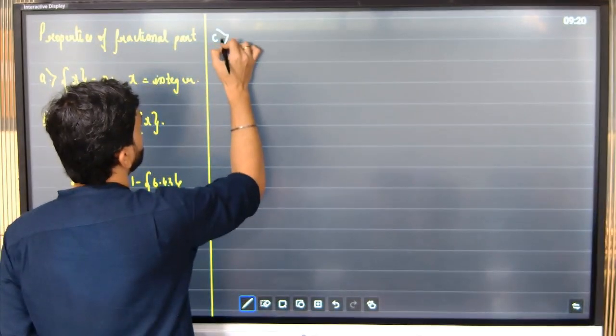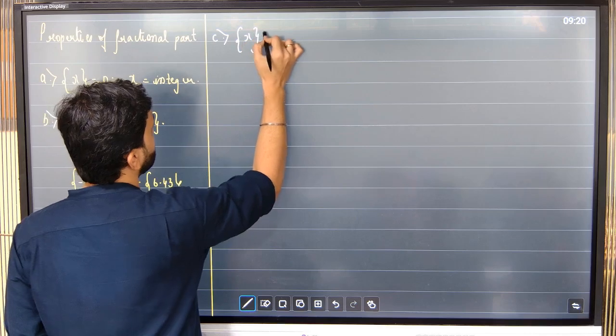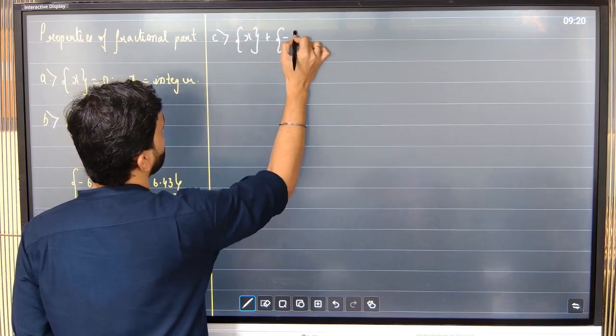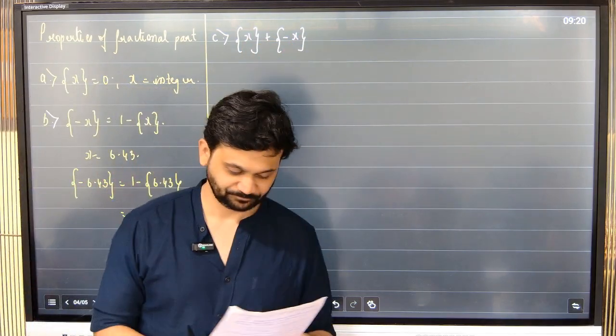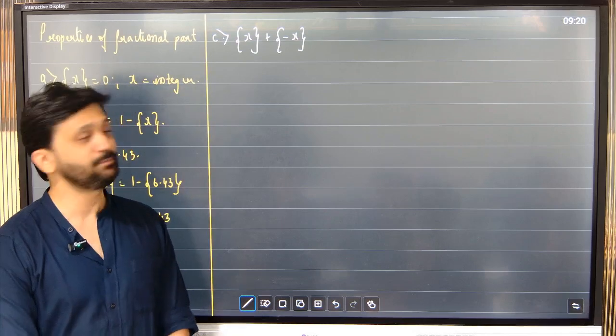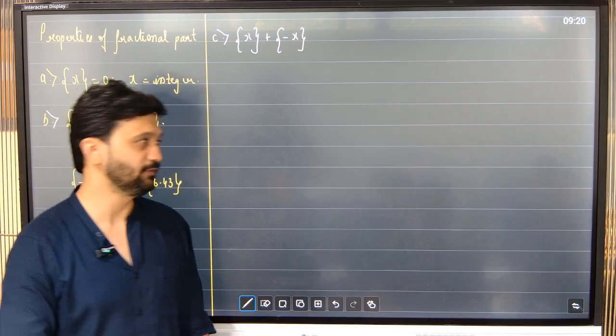नेक्स्ट, अच्छा चलो, वी हैड रिटन दिस. नाउ आई वांट यू गाइस टू टेल मी कि इसका आंसर क्या होगा. फ्रैक्शनल पार्ट ऑफ x प्लस फ्रैक्शनल पार्ट ऑफ माइनस x. What do you think would be the answer? What will be the answer? इसका भी दो आंसर है.